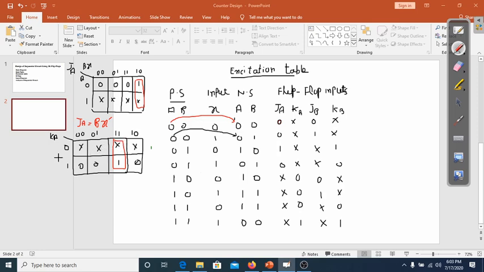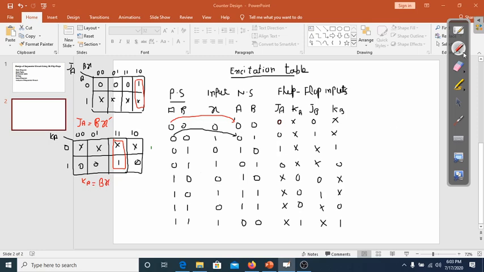Now by simplifying this, this A complement will cancel with the A. So KA would be equal to B and X. This is B and this is X.